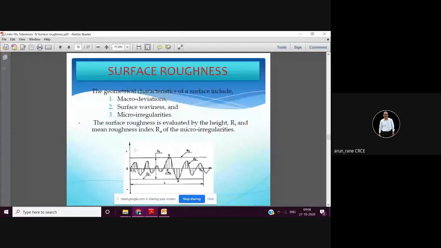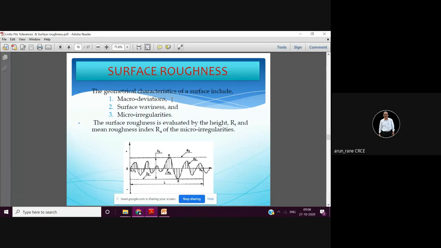So the roughness, as I told, I'll just quickly finish this. It can be shown in three ways. One is you can give the geometrical symbols in terms of arrows, that is the square root symbol, the radical sign, and there you can mention the value.